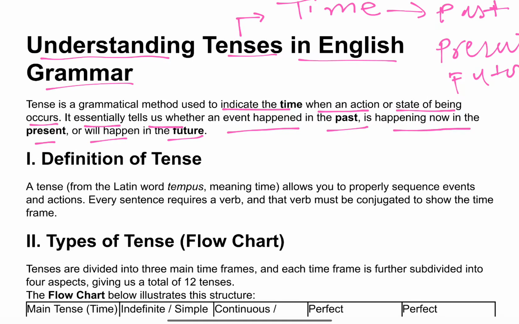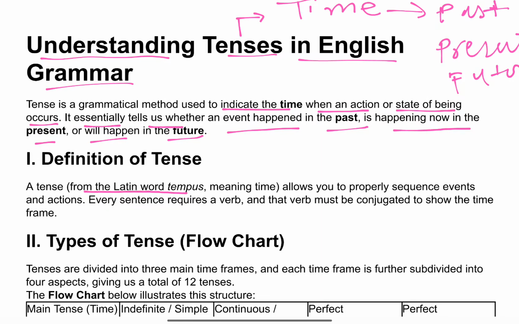A tense comes from the Latin word tempus. Very important, because if we study any subject, English or any other, we need to understand the proper history of where a word comes from. I also add this type of extra information because this class is grammar, but when we discuss something new, it will have an impact on your knowledge.